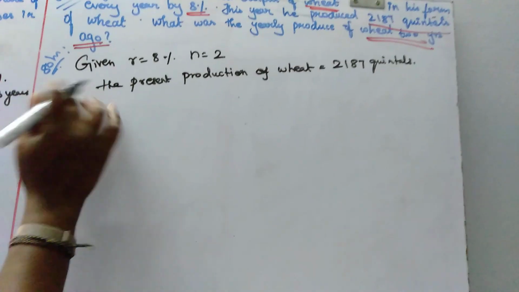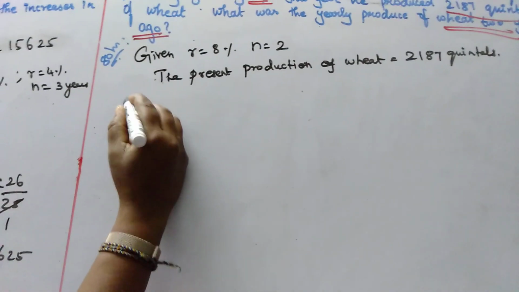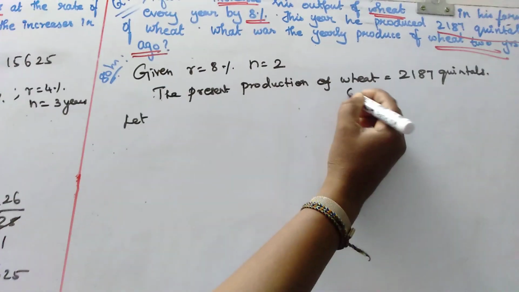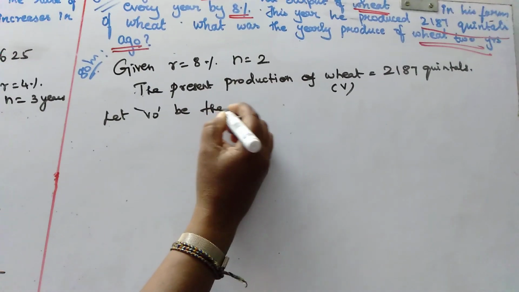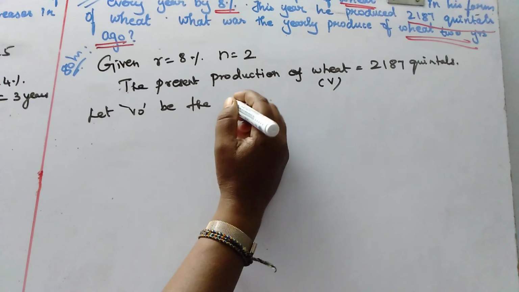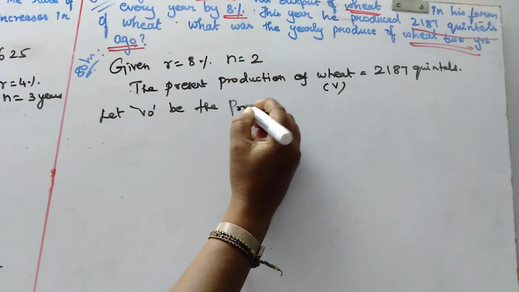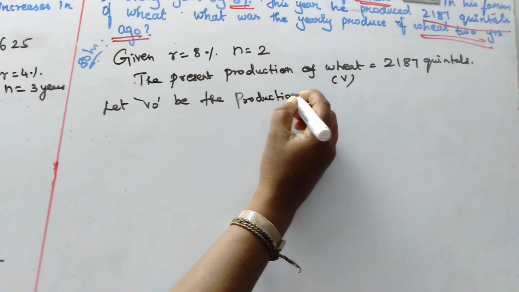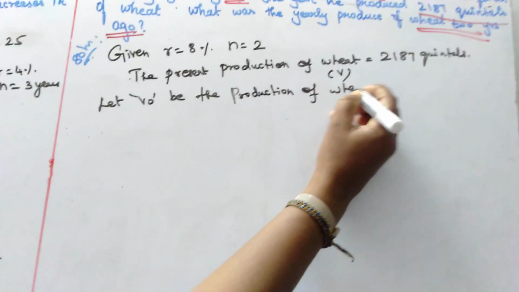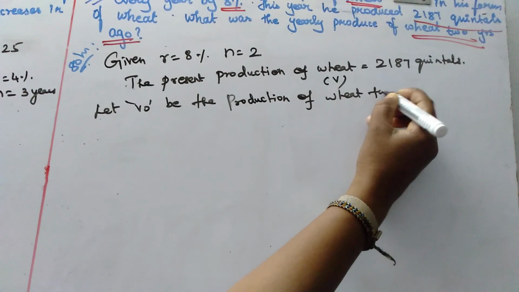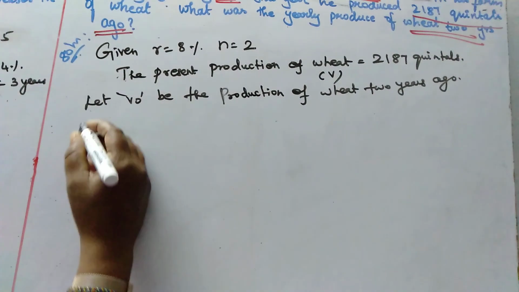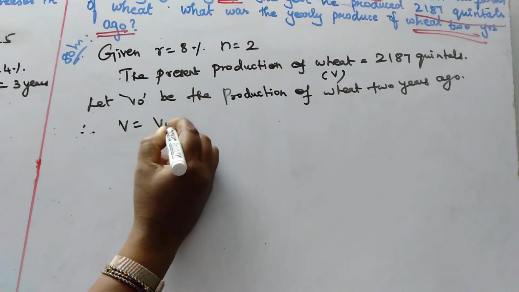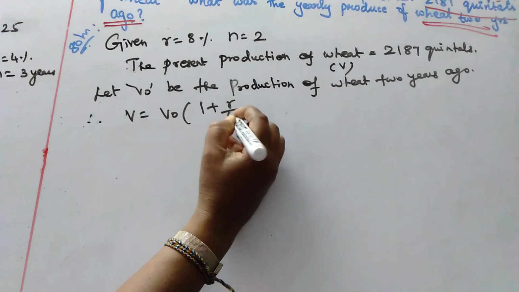Let V naught be the production of wheat 2 years ago. Okay, so therefore V is equal to V naught into 1 plus R by 100 the whole power N.